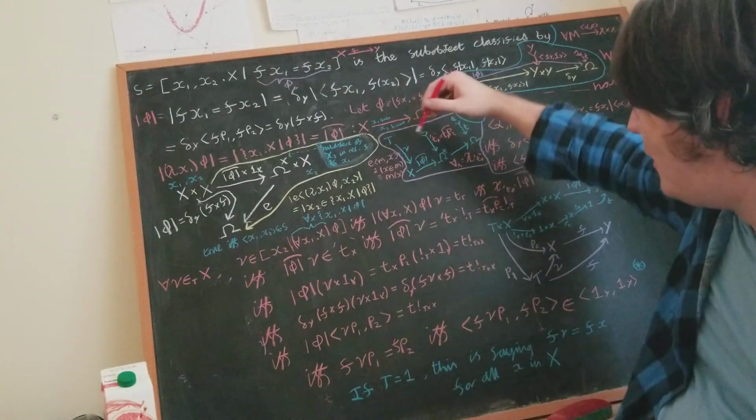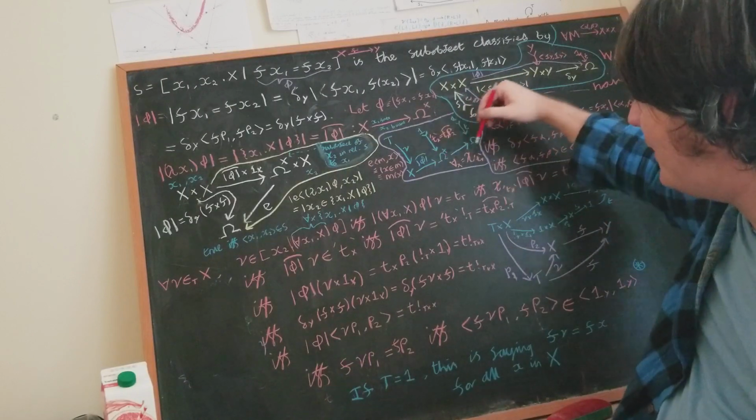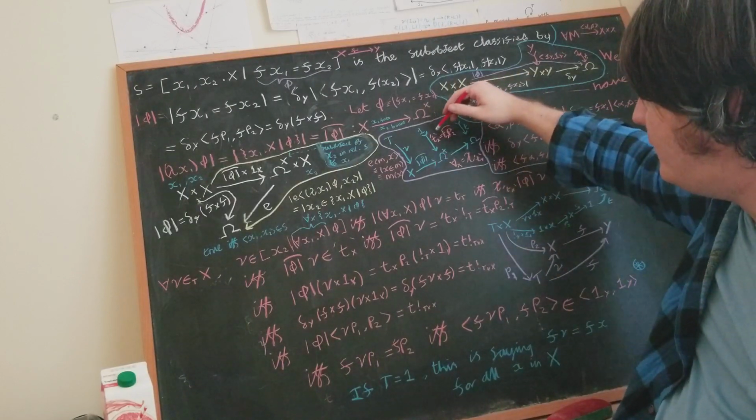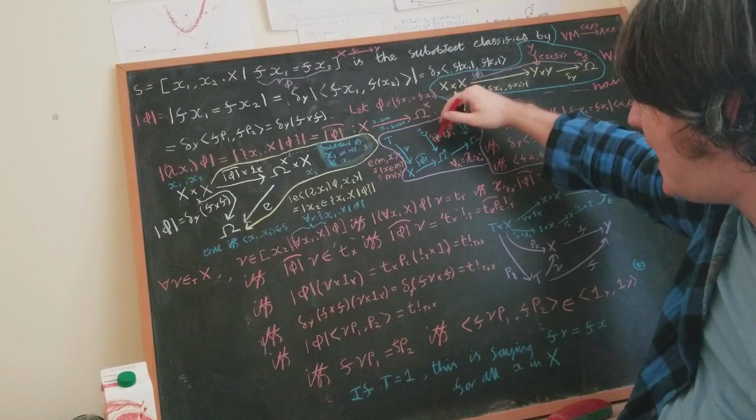It's an arrow from omega to the power of x to omega, and it's defined to be the classifying arrow of the name of tx.